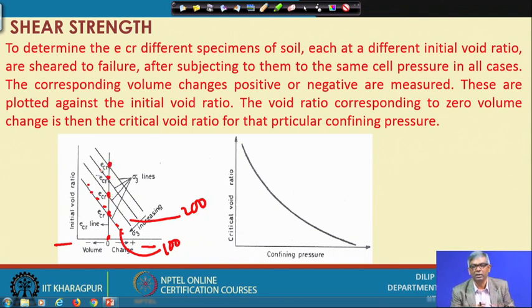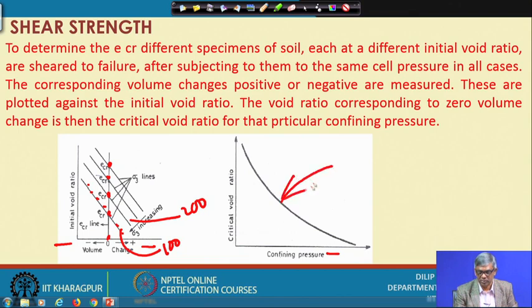By changing the confining pressure and the initial void ratio, we get those lines intersecting the zero volume change line, and for each sigma 3 value I can get one critical void ratio. Finally, if I plot critical void ratio versus confining pressure, I will get a curve like this.